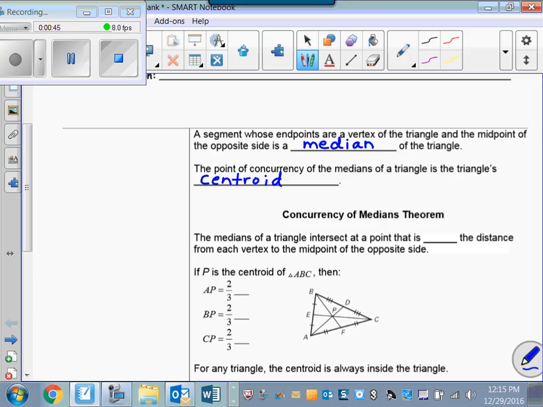So let's just look. I'll just draw an acute triangle here. The endpoints are a vertex of the triangle and a midpoint of the opposite side. So I'm looking for the midpoint of every side.